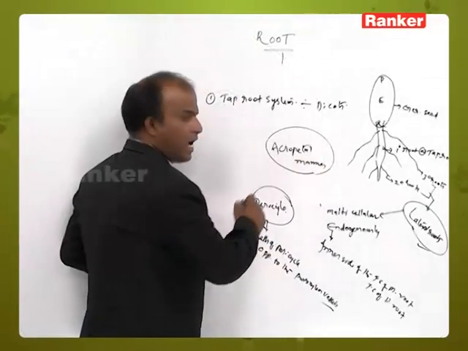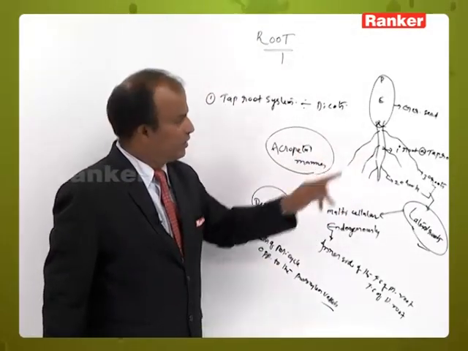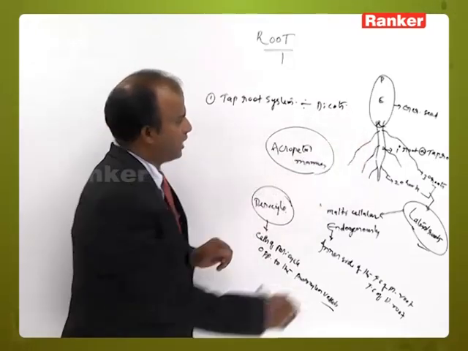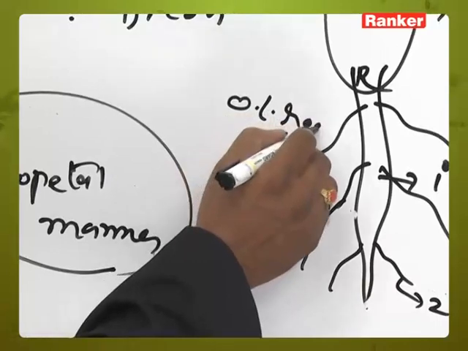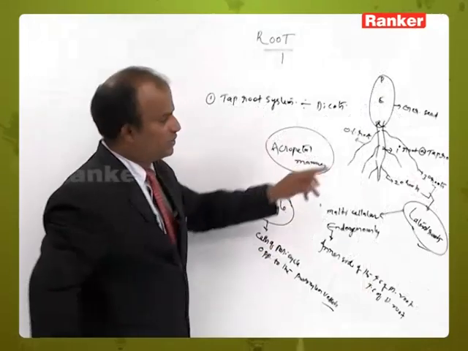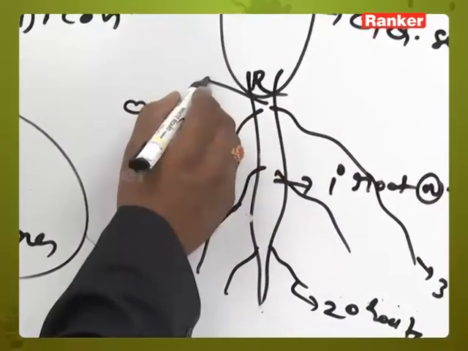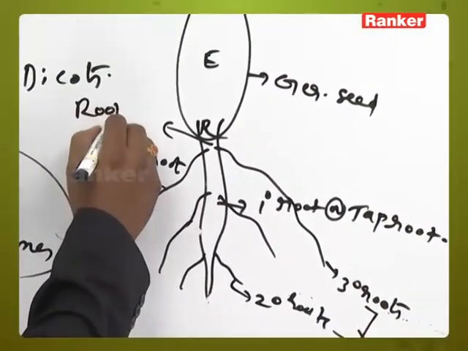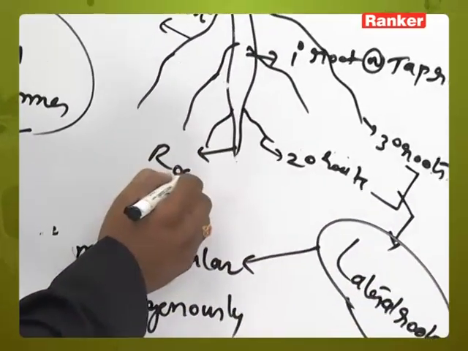What is meant by acropetal arrangement of lateral roots? The older lateral roots are present towards the root base region. This region is the root base, and this region is the root apex region.